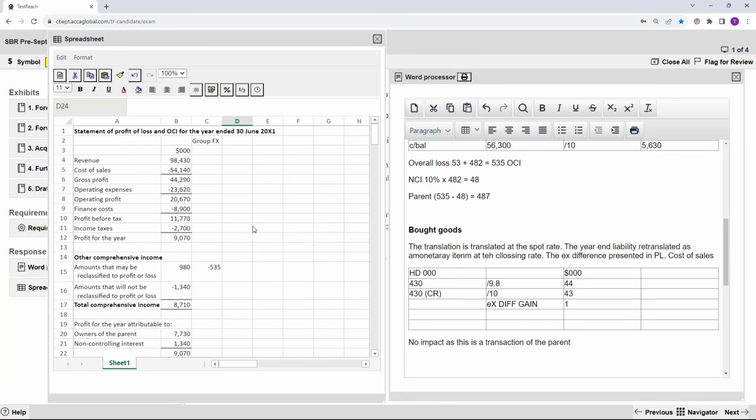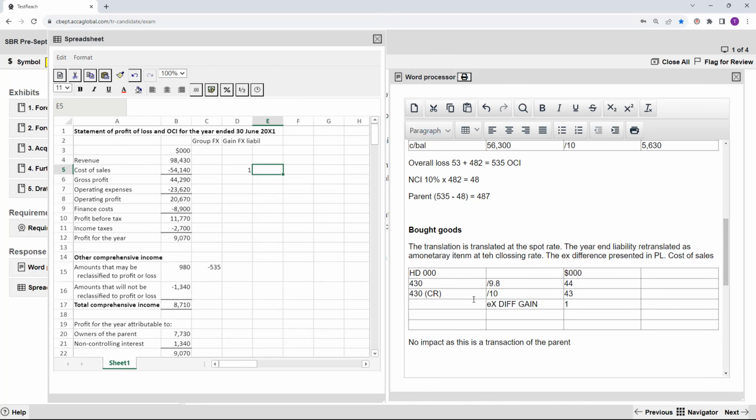This is the gain on the cost of sales on the foreign currency, on the retranslation of the liability. It's a gain of 1 in this language because everything's in zeros. So I show that as a positive number because that would reduce the overall cost of sales.